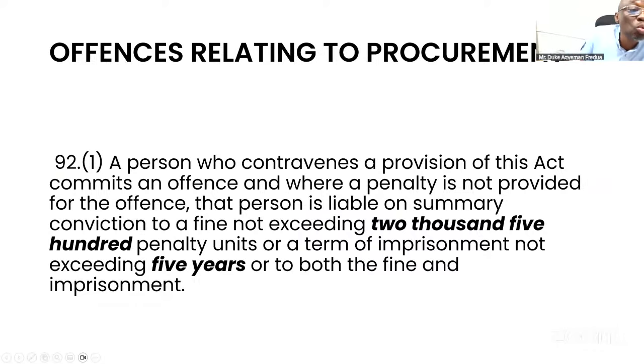Section 92(1) says a person who contravenes a provision of this act commits an offense, and where a penalty is not provided for the offense, the person is liable on summary conviction to a fine not exceeding 2,500 penalty units, or a term of imprisonment not exceeding 5 years, or both the fine and imprisonment.